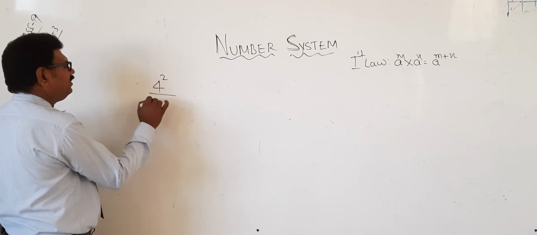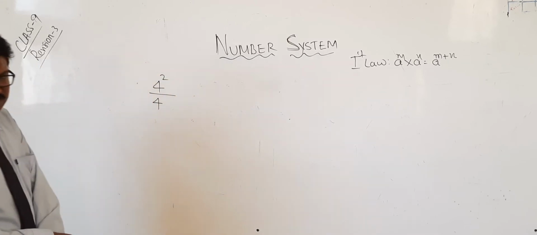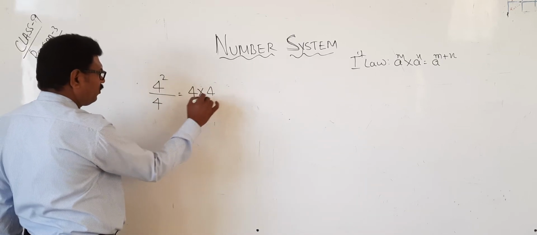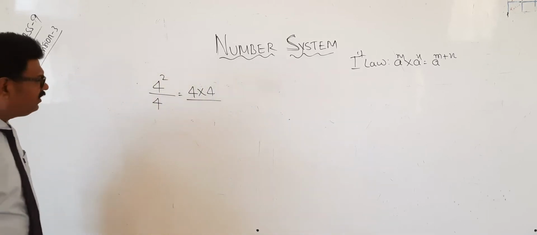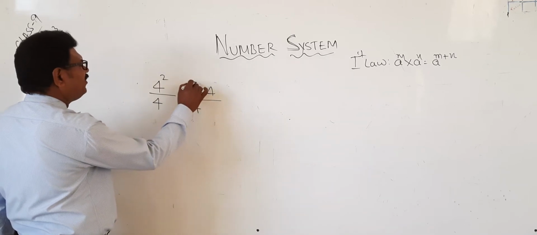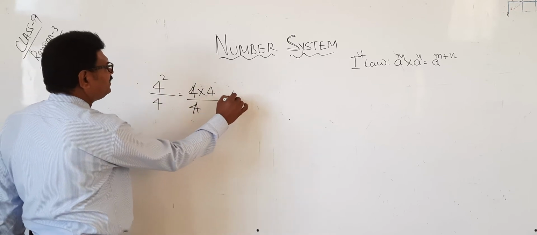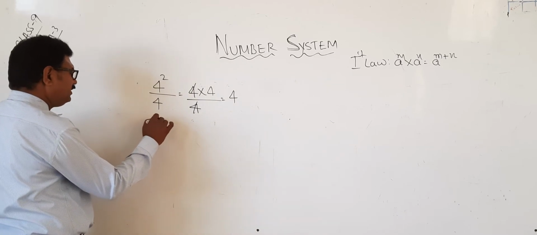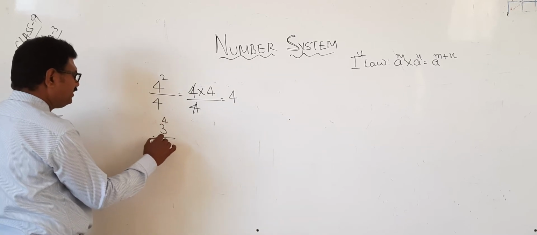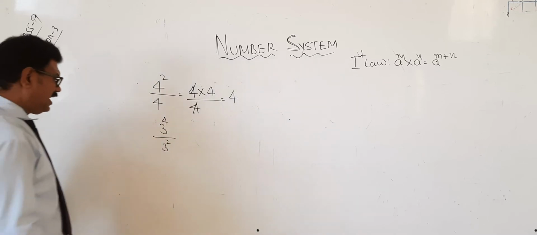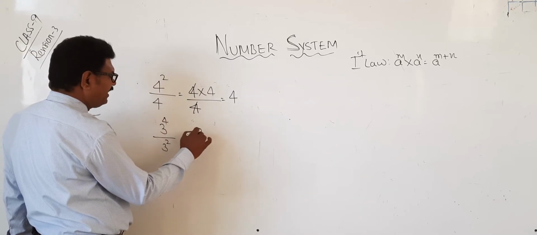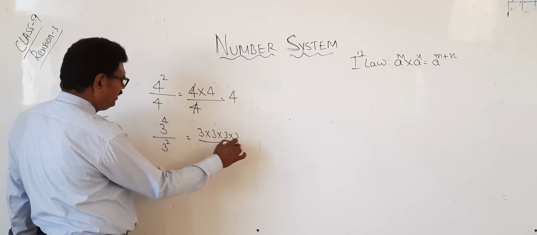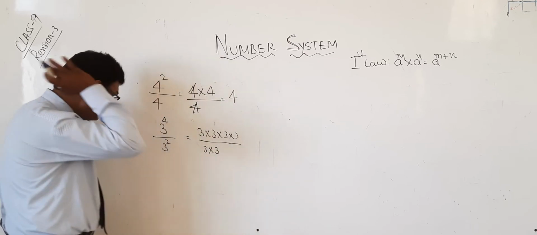Next problem: 4 square divided by 4. 4 square we can write as 4 into 4, divided by 4. The 4s get cancelled. What is the answer? 4. One more example: 3 to the power of 4 divided by 3 square. 3 to the power of 4 can be written as 3 into 3 into 3 into 3 divided by 3 into 3.